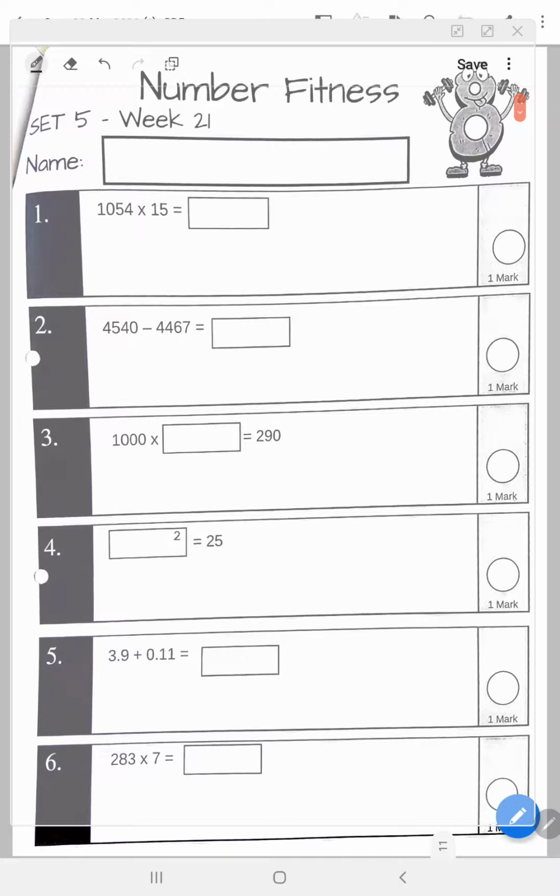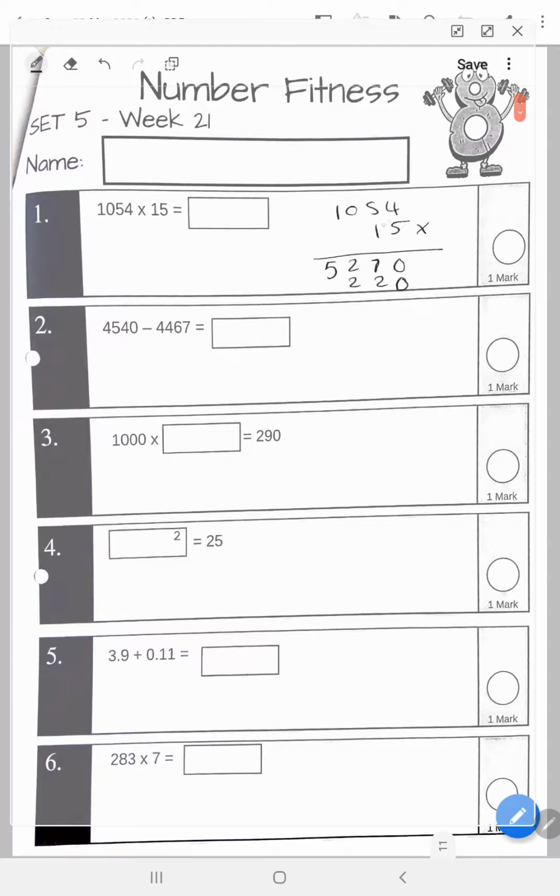Looking at question 1, we've got 1054 and we're multiplying it by 15. 5 4s are 20, 5 2s are 10 plus 2 is 12... and then we're going to multiply everything by 10.